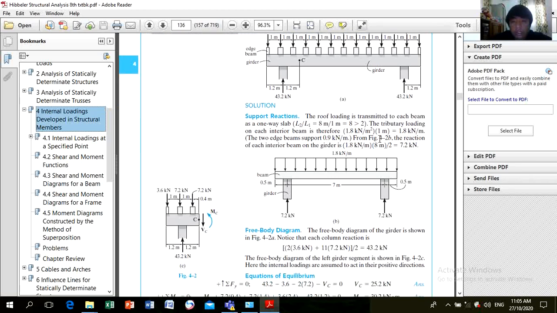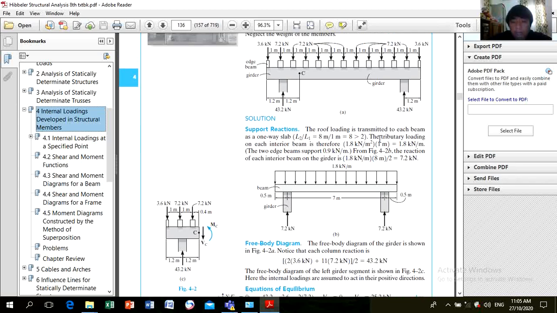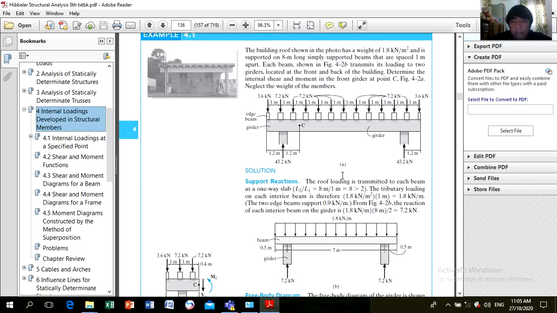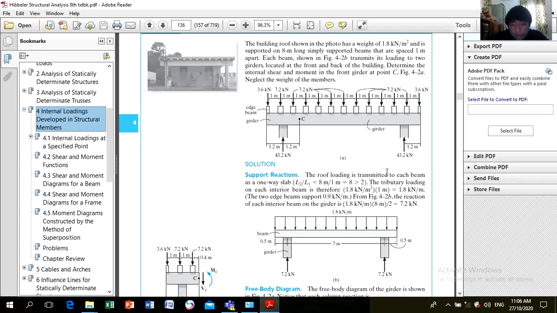The roof loading is transmitted to each beam as a one-way slab because L2 over L1, where length 2 is 8 meters and length 1 is 1 meter, is greater than 2. So the tributary loading on each interior beam is 1.8 kilonewtons times 1, and the two edge beams support 0.9 kilonewtons per meter.